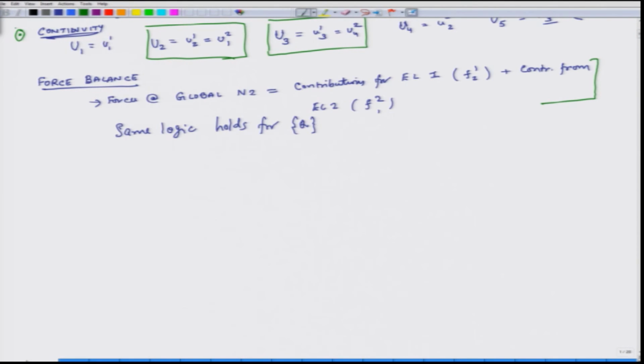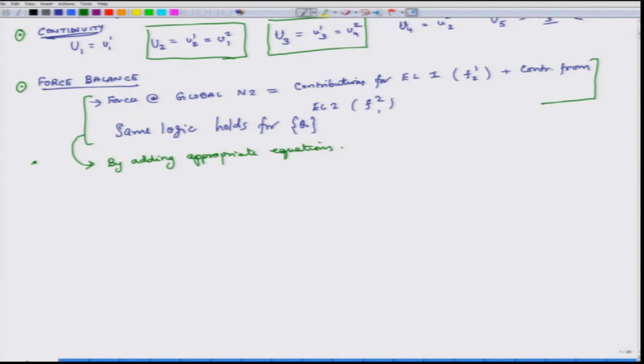Using the connectivity matrix, we learn how to do continuity enforcement and how to add up forces, the force balance, and this is done by adding up appropriate equations.